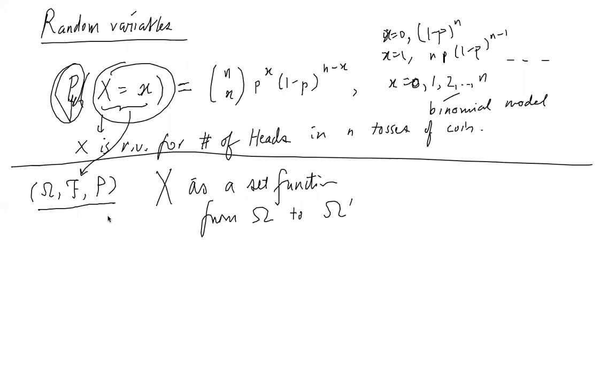In fact, I think we have emphasized this several times already: this thing here has to be some object in F. So what is happening here? When you say P(X = x), for example, what you are really saying is something like this.